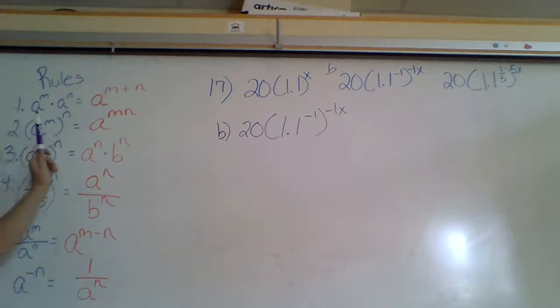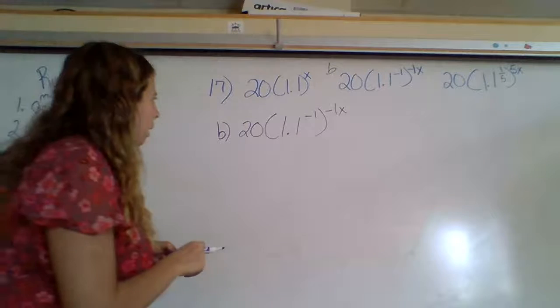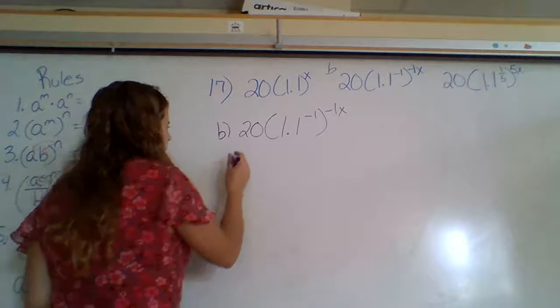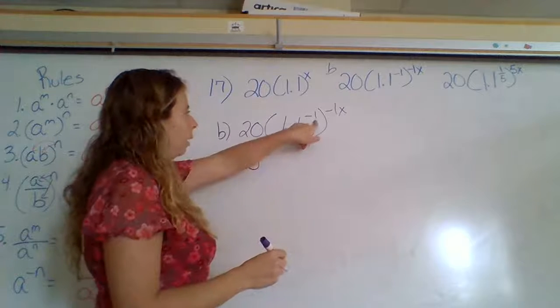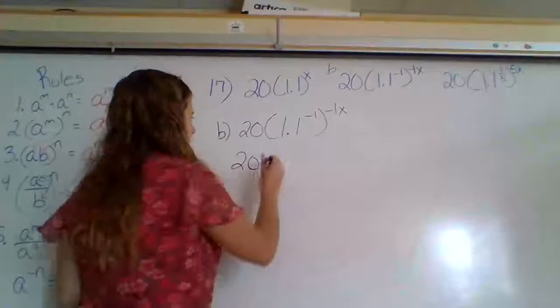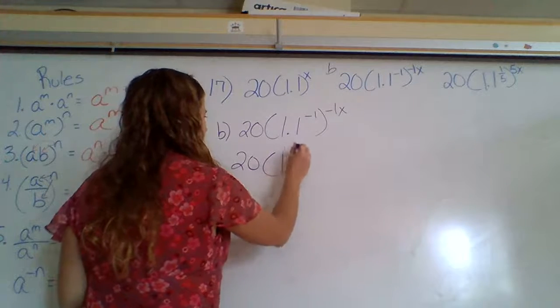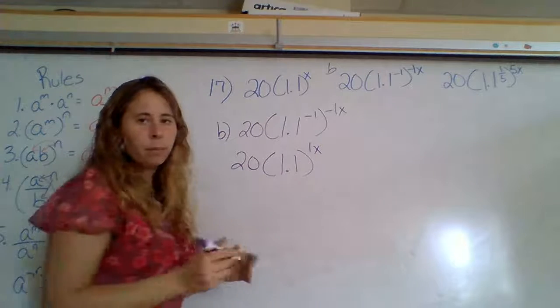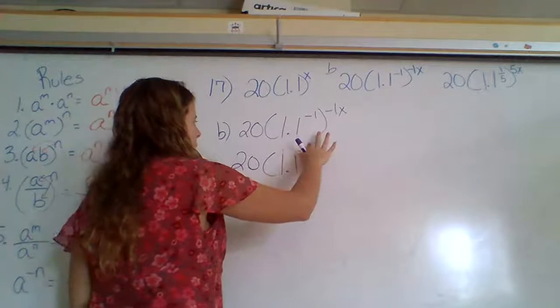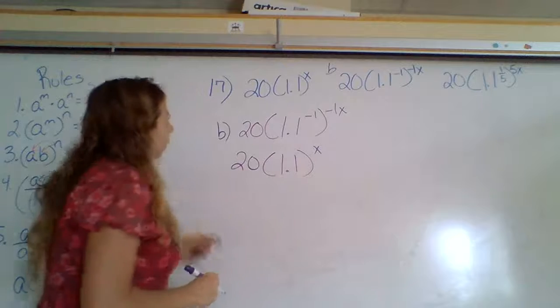It is number 2. You're raising an exponent to an exponent, so you multiply. We're going to multiply negative 1 times negative 1x, which is just positive 1x, which is the same thing as x. All right, well, so that one matches.